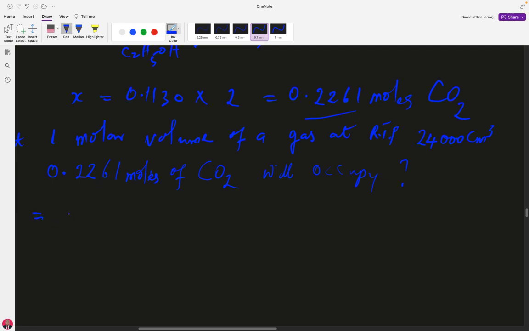We are multiplying 0.2261 moles of carbon dioxide times 24,000 cubic centimeters, divided by 1.